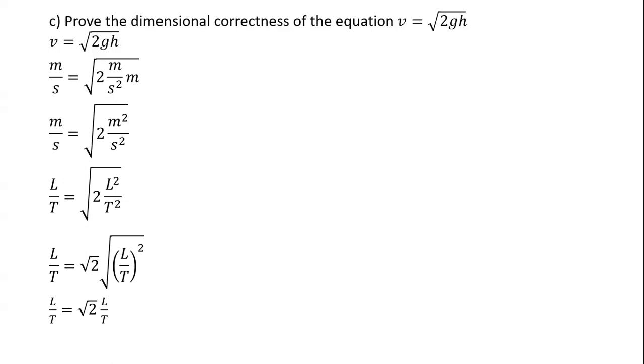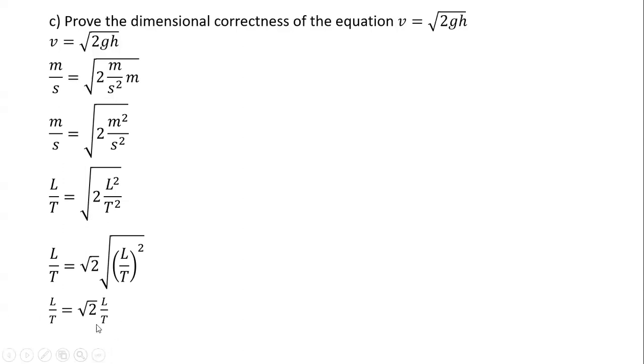It's the same thing. Now, what's our conclusion? When you inspect, you notice that on the left-hand side, you're having L raised to power 1. On the right-hand side, you're also having L raised to power 1. It's on top, in other words, it's a numerator. On the left also, T is a denominator, it's below there.